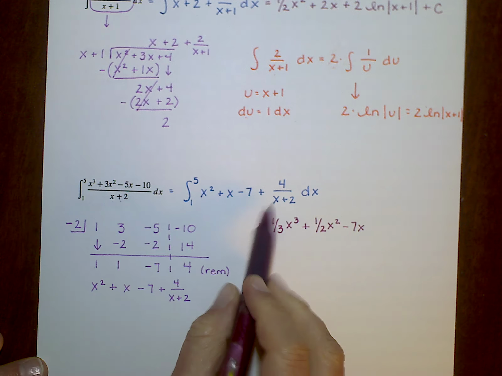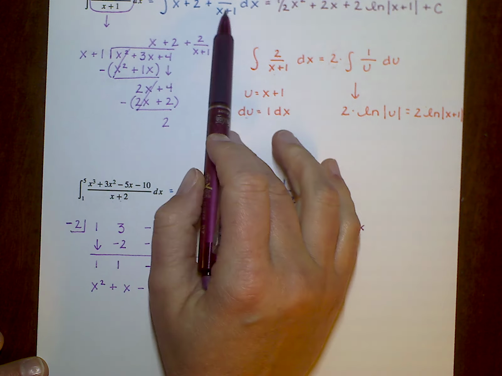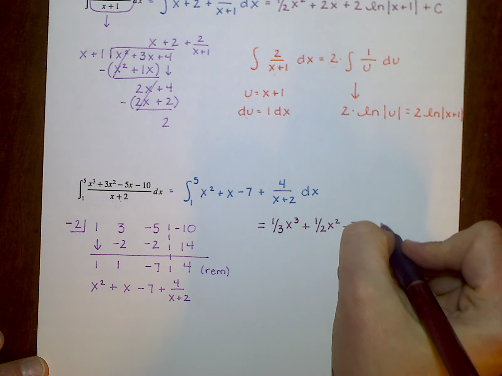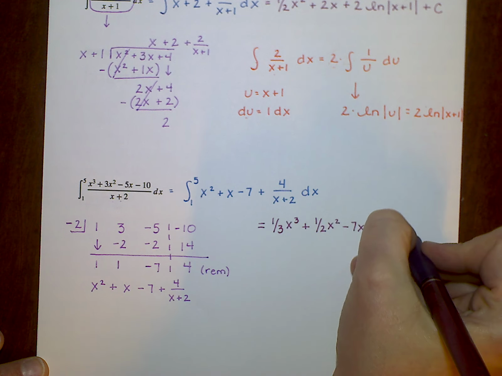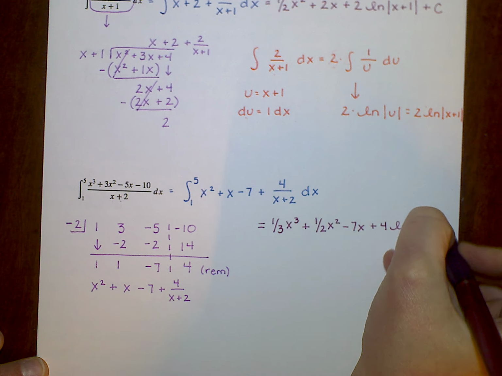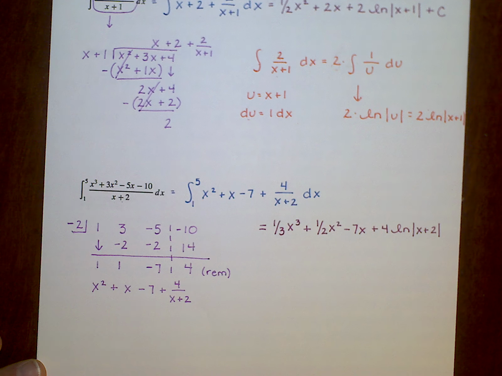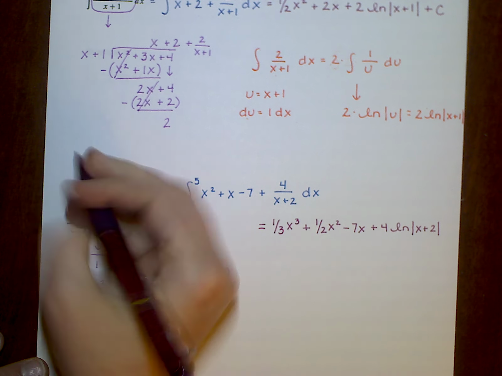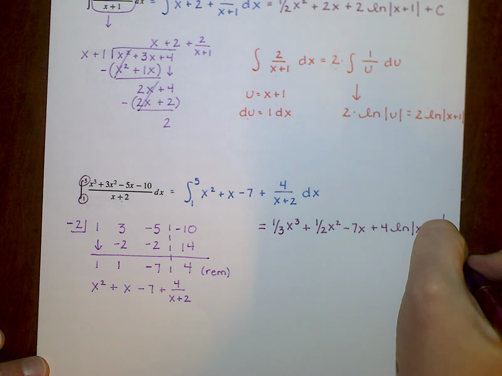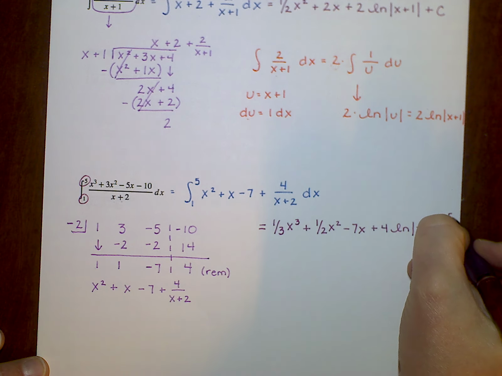And then this, I'm using kind of the same idea I did up here. This antiderivative would be 4 natural log of x plus 2. And this time I'm not putting a plus c on there because I'm doing this from the endpoints from 1 to 5. So now I'm going to say, let's evaluate this from 1 to 5.